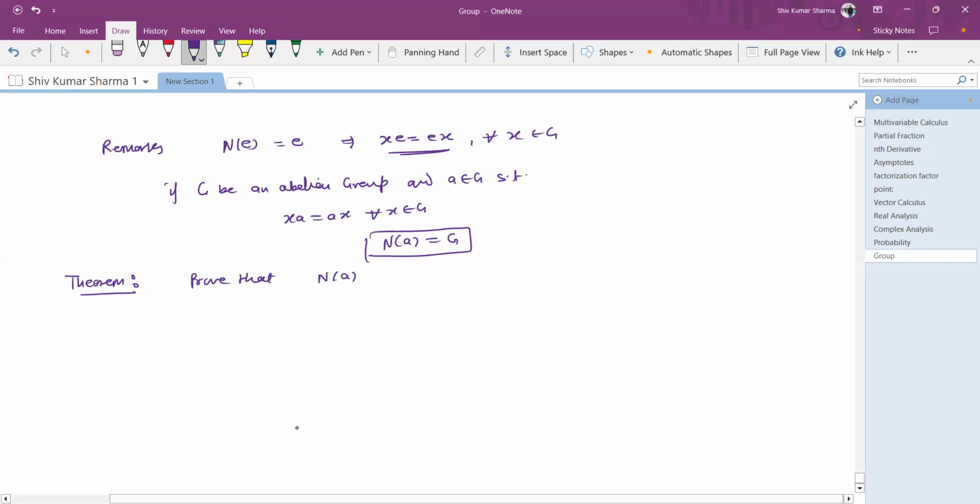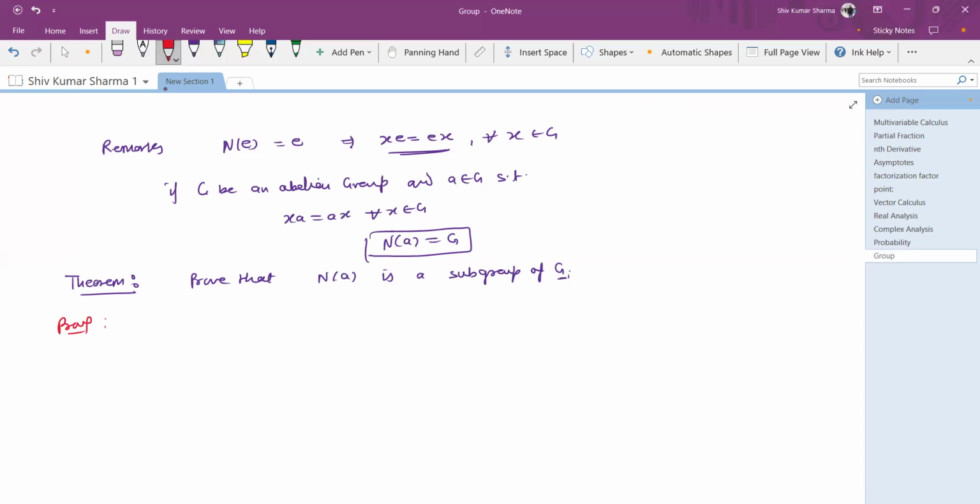the normalizer NA is a subgroup of G. So for proving the normalizer is a subgroup of G, we take the definition. By definition, the normalizer NA is equal to the set of X belongs to G such that AX is equal to XA.